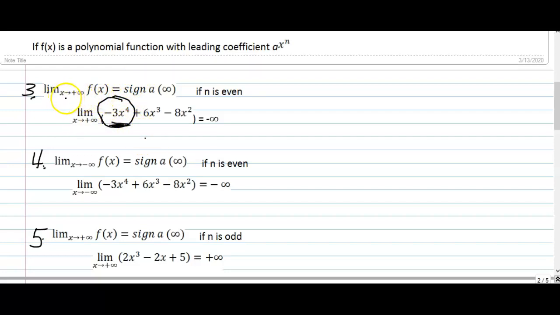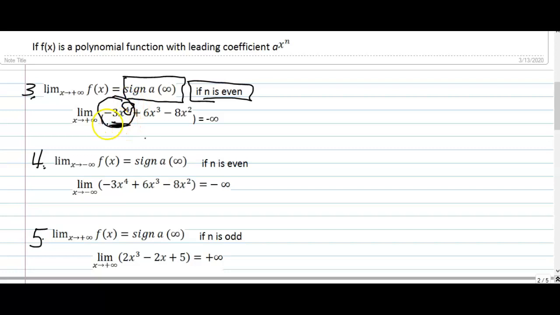And a lot of these are common sense, so you may not necessarily have to memorize these. The limit of f of x as x approaches positive infinity is equal to the sign of that leading coefficient times positive infinity if n is even. And here n is even.